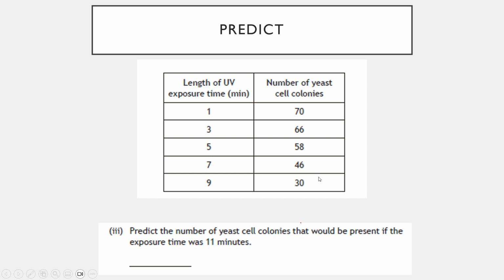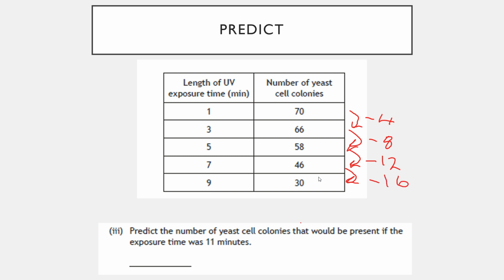We have to establish the pattern that already exists, i.e. the difference between these values. The difference between 1 to 3 and then 3 to 5 is a difference of 4, then 8, then it goes down by 12, and from 7 to 9 minutes it goes down by 16.